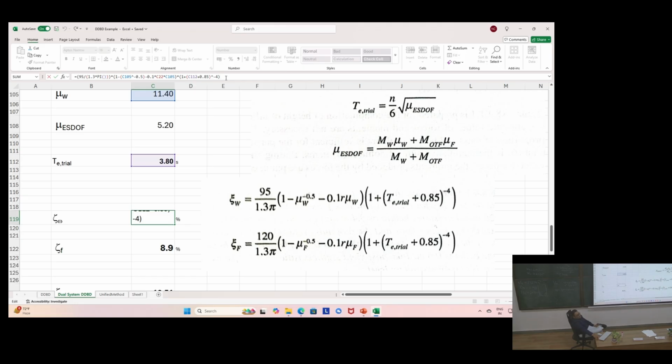Whenever in doubt, use brackets in Excel. Got it? Both xi w, xi f converging?